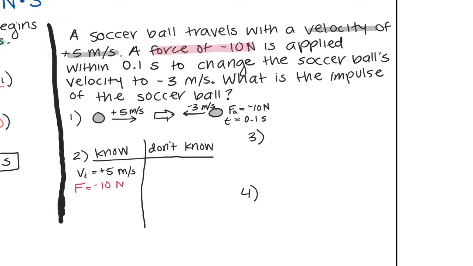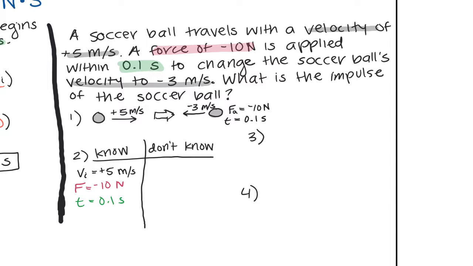So we know seconds measures time, so here is our time. I'm going to write t is equal to 0.1 seconds, to change the soccer ball's velocity to negative 3 meters per second.